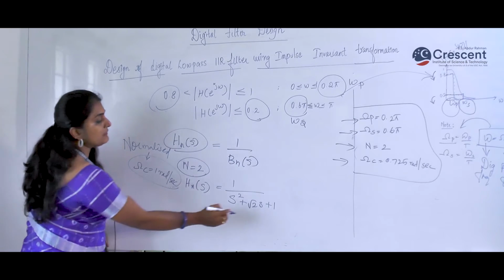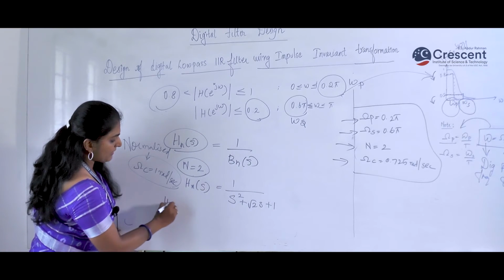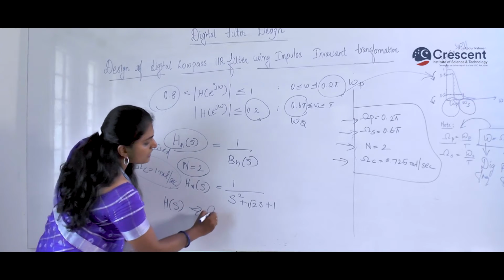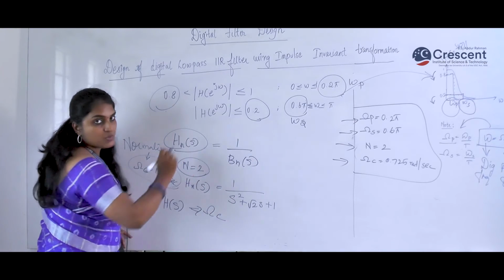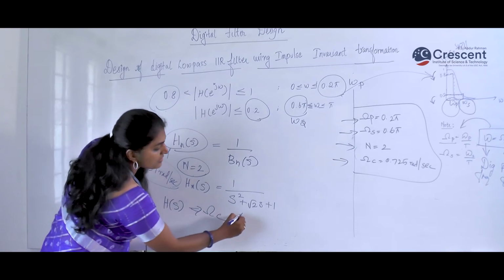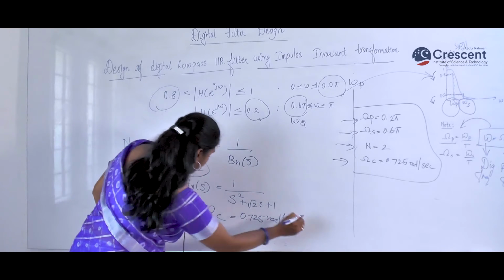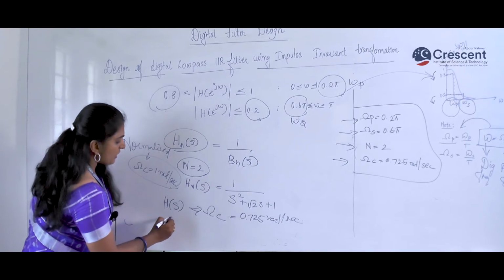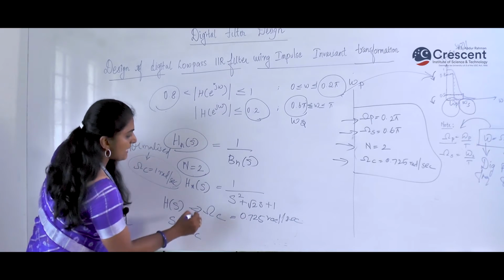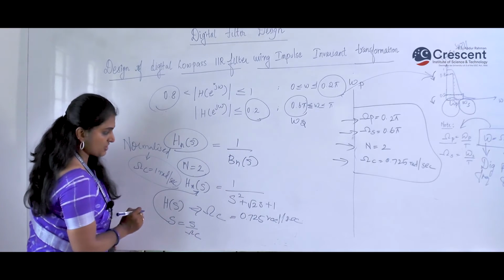After finding this normalized transfer function Hn of s, the next step is to find the unnormalized transfer function by considering the cutoff frequency according to the given specifications. We have found that omega c is equivalent to 0.725 radians per second. So with this value, we substitute s equal to s by omega c in the normalized transfer function.